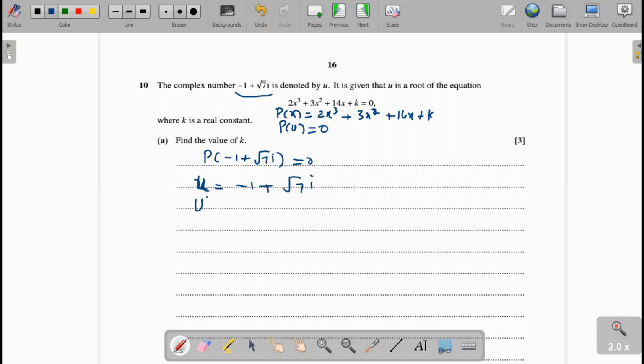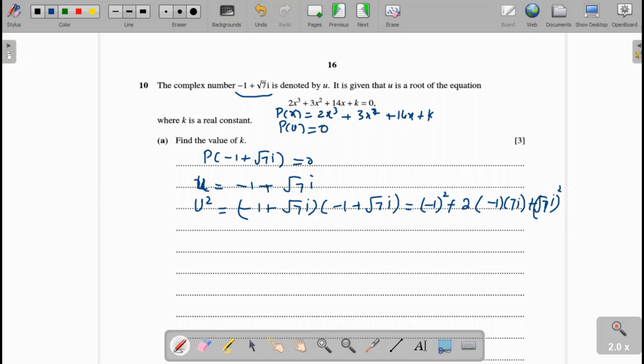Now u squared will be equal to -1 plus root 7i into -1 plus square root of 7i. Now we multiply this, we get -1 whole squared minus 2 times -1 into 7i plus square root of 7i whole squared.